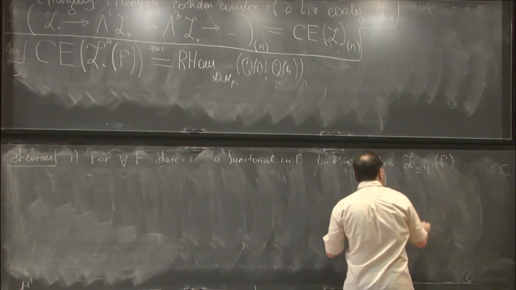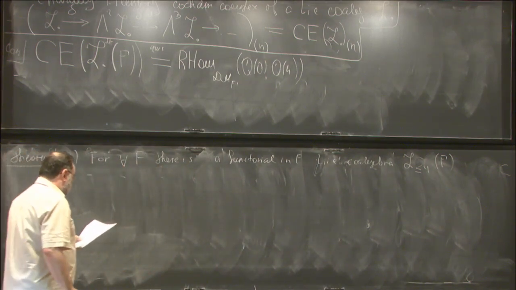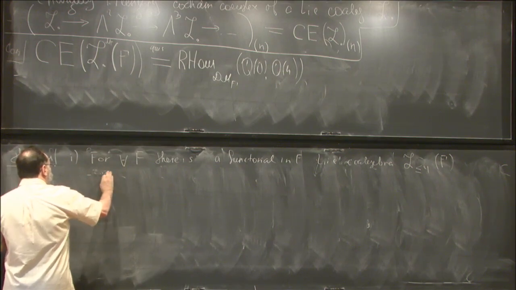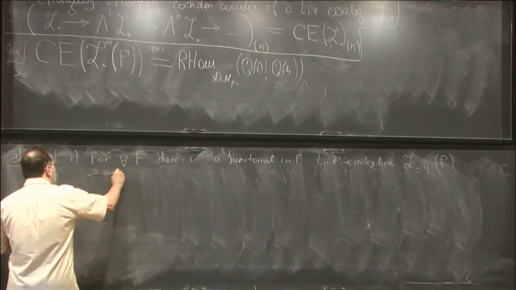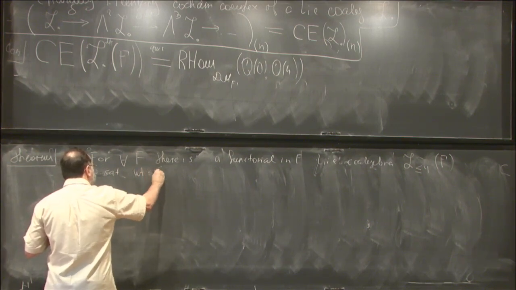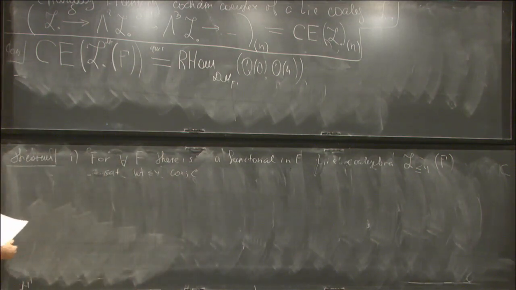This is just the subpiece of weights less or equal than 4 of F, which satisfies, roughly speaking, this weight less or equal to 4 conjecture C prediction. And I will write on the blackboard what all this means.